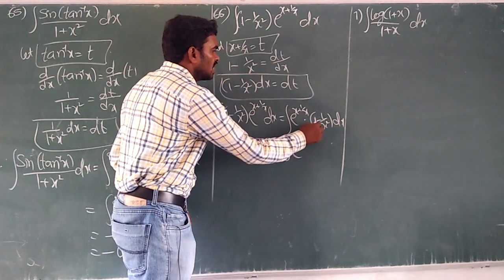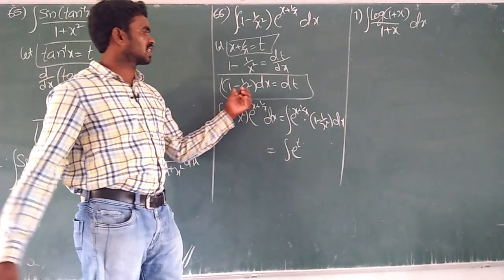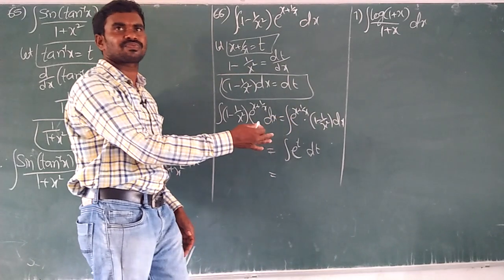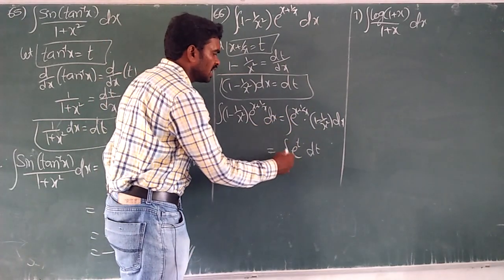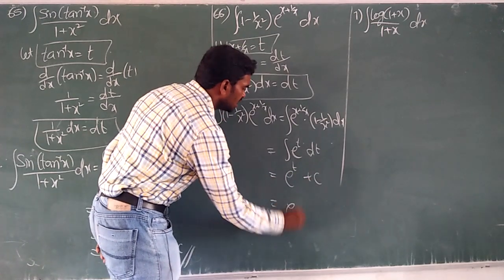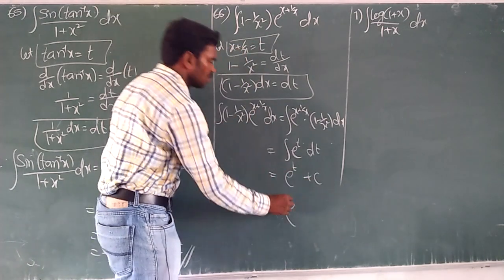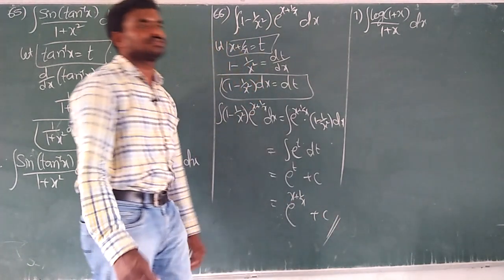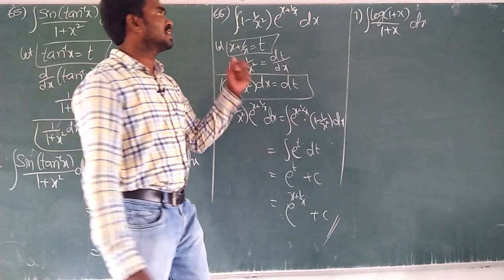So e power t, and 1 minus 1 by x squared dx is nothing but dt. What is the integration of e power x? E power x. Similarly, integration of e power t is e power t plus c. What do we mean by t? t means x plus 1 by x. So finally, the answer should be expressed in terms of x. That's it.